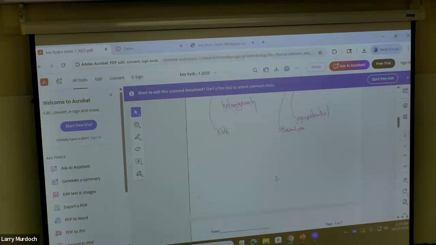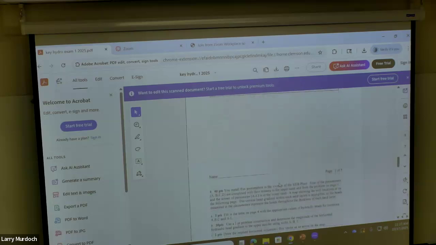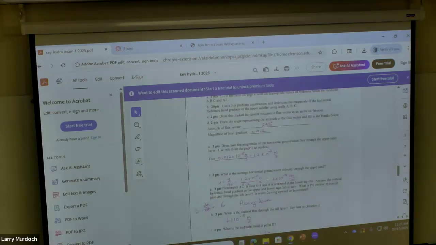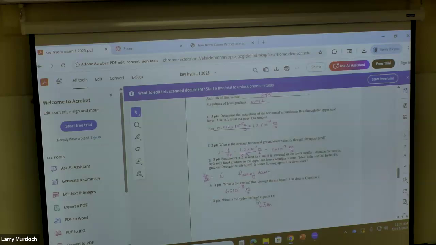And so the head of the sand applies at the top of the silt and the bottom of the silt. So that's why you divide by the thickness of the silt. And it's flowing down.